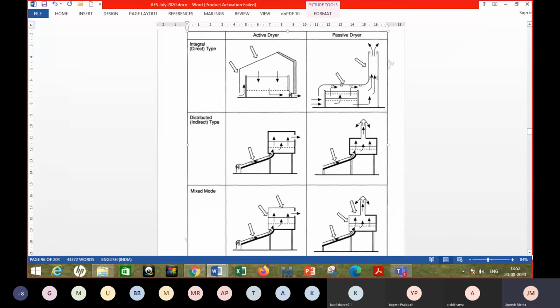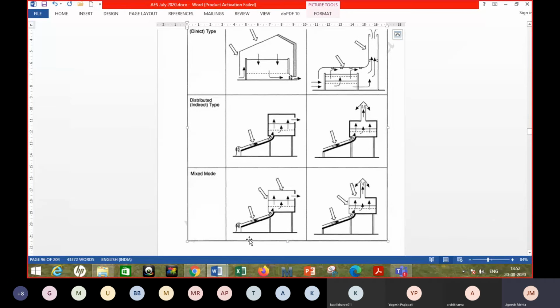There is a mixed mode type also possible, where you are preheating the air here in a solar air heater, and then that preheated air is used here for drying, but the product also gets some direct radiation, as well as the air also continuously, while it is drying, is getting heat, because these faces are transparent.